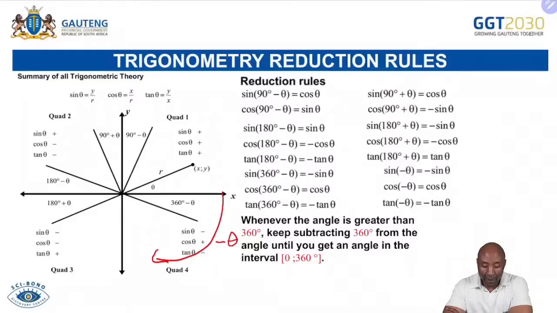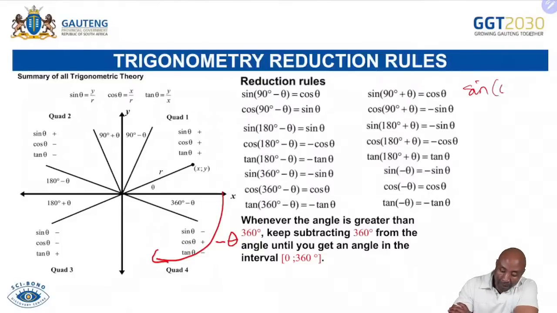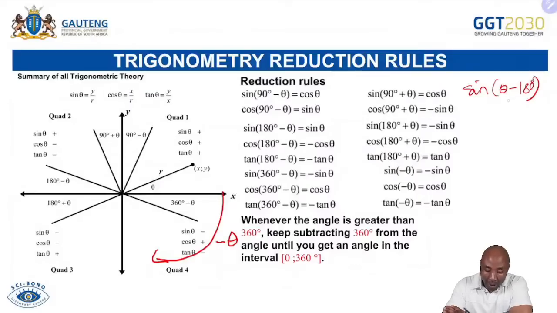Sometimes also when you are given a reduction like sine of theta minus 180 as an example, instead of factorizing that, you can just add negative 180 plus 360. This will give you sine of theta plus 180, and you are able to apply from the knowledge of our normal reductions that we are used to.